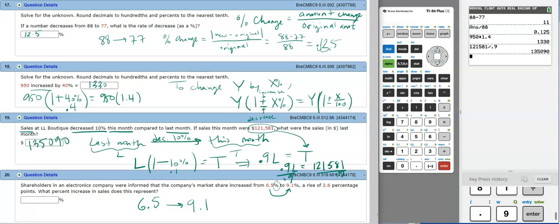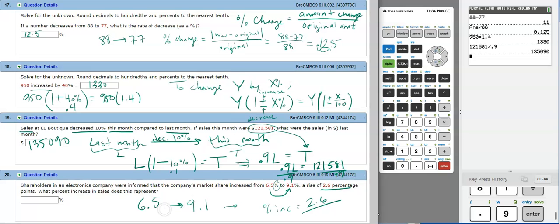So really, what percent increase does this represent? Well, it already tells us the amount of the change. Here, obviously, it increased. We have a percent increase going from one number to another. So the percent increase is going to be the amount of the increase, which was 2.6, because that's the difference between 9.1 and 6.5.